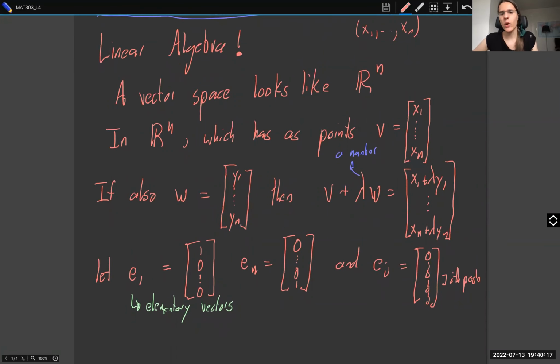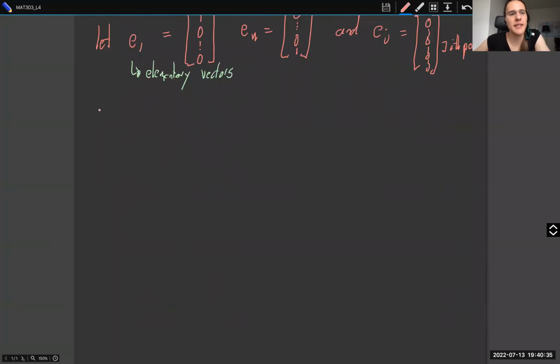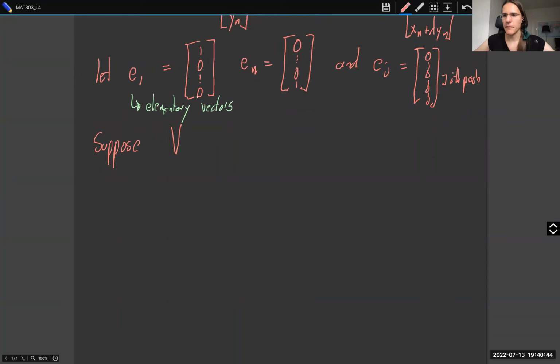Okay, so now that we know what a vector is, it's just a list of numbers. Sure, we're not being rigorous. We're not doing pure math, linear algebra. Vectors, just a list of numbers. Why not? Now, in general, maybe V is not a list of numbers.